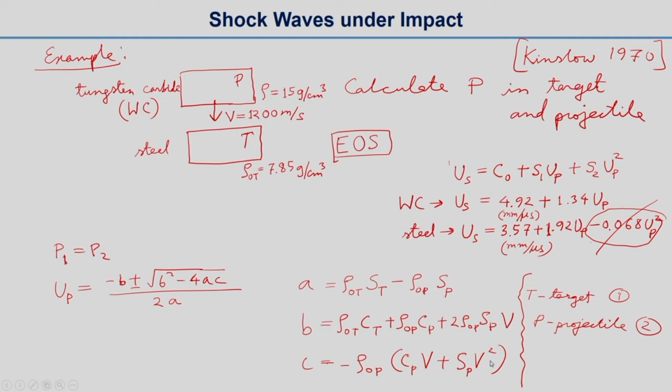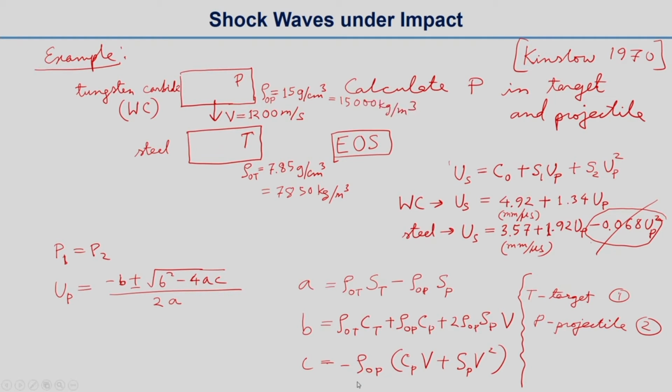This will be SVV square. So this is the expression, and then we know that rho naught T is 7.85 gram per centimeter cube, or we can write it as 7850 kg per meter cube. Here we did not write the subscript, but this is rho naught P, and that will be equal to 15,000 kg per meter cube.